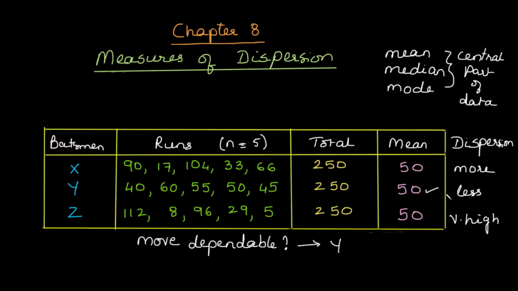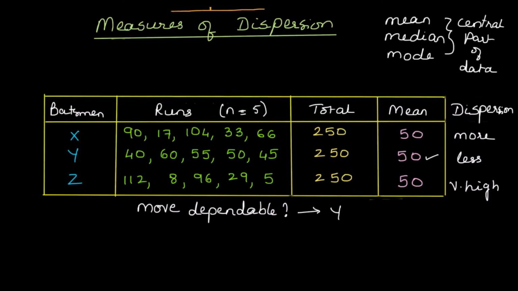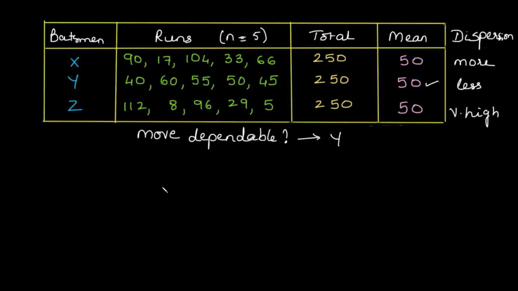So thus we come to the measure of dispersion. How do we define this measure of dispersion? What is the meaning of dispersion? How to measure or define dispersion? Let me write the proper definition of it for you.